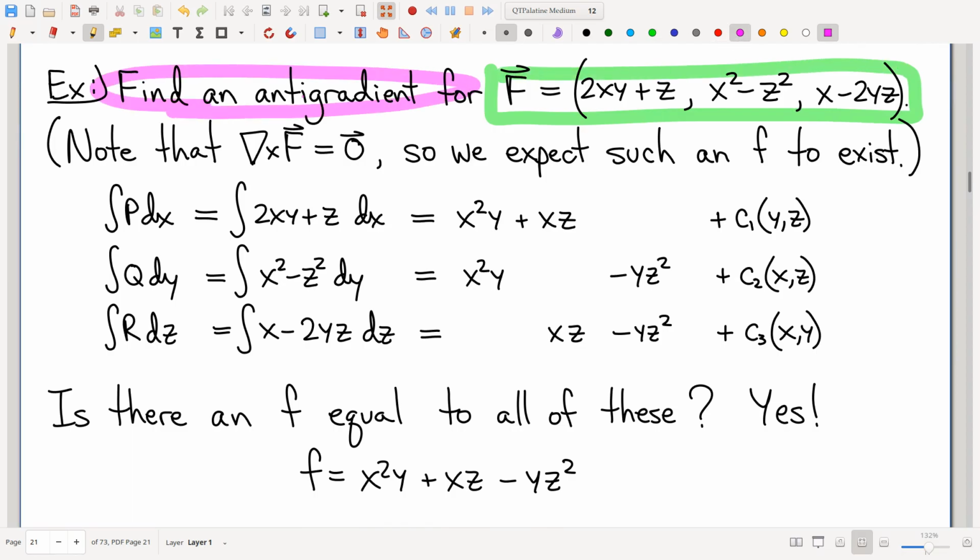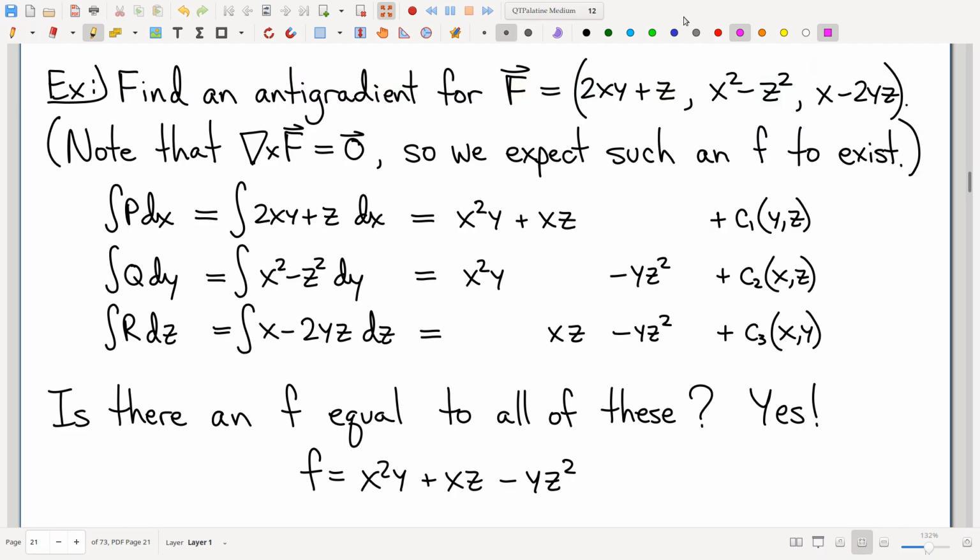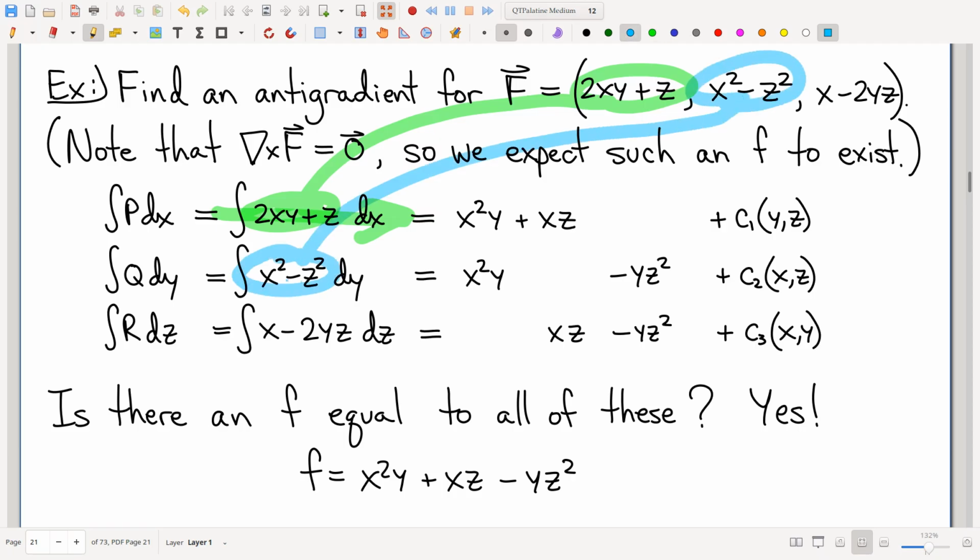Namely, I would like to find the thing whose gradient is that function. We're going to do exactly as we said on the previous page. I'm going to take this and do an x antipartial of it. I'm going to take that and do a y antipartial of it. I'm going to take this and do a z antipartial of it.